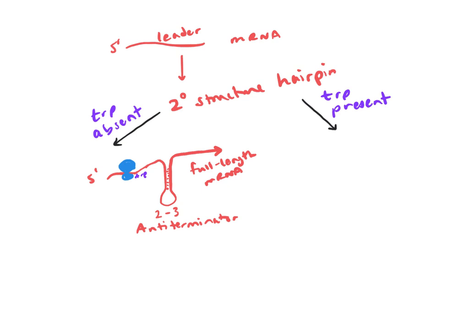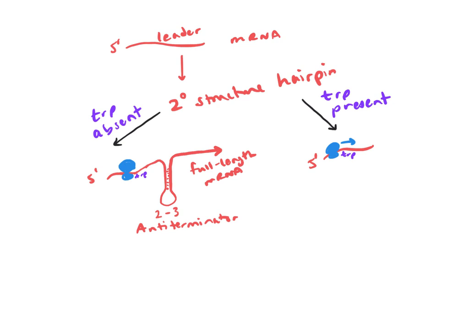What we see again is the 5' end of the mRNA is going to have a ribosome entry site. Again, it's not the one that's going to make the proteins of the trp operon. It's just making this little leader. Now, if tryptophan is present, the ribosome is going to be able to zoom through that little spot and then it'll fall off shortly after.